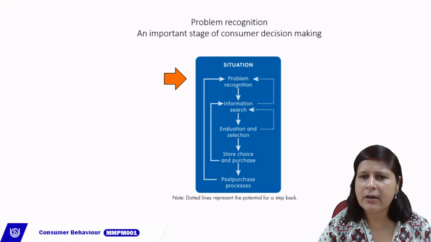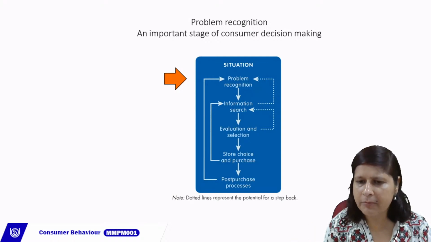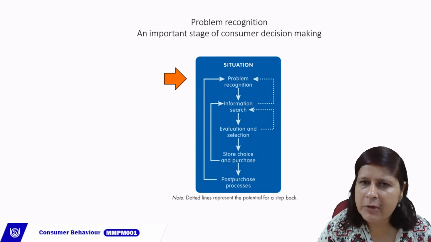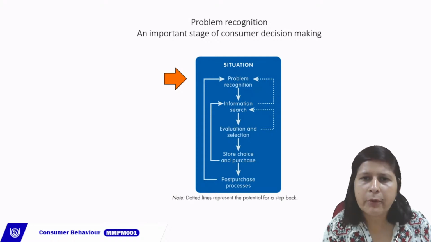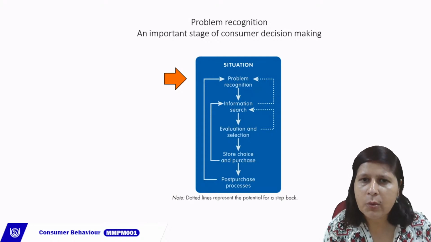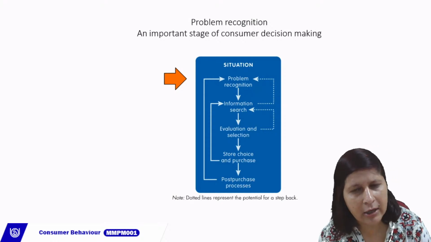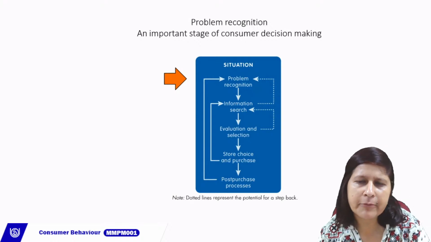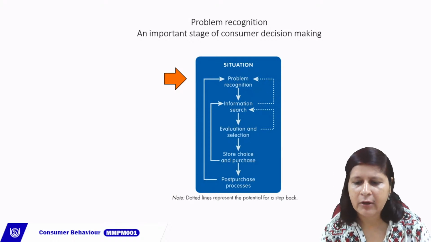So there are these steps of problem recognition. Problem recognition leads to the information search. Once a problem has been recognized, right, what product we need and why we need it, then consumers start searching for information about that product. After information search, it leads to evaluation and selection.